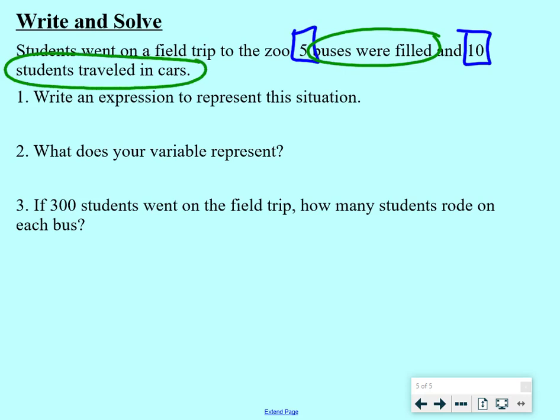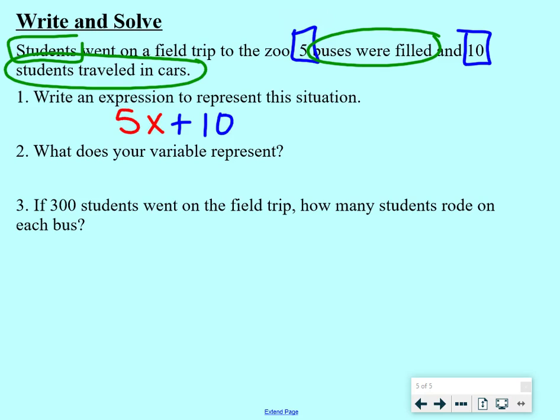We know we're talking about students, so our expression should revolve around the number of students that are there. So we know that 10 students traveled in cars, so that's going to be our one-time thing, that just plus 10. We know we have 10 students that aren't on the buses, they're in cars. And then we know there were 5 buses that were filled, but we don't know how many students were on each bus. So that's going to end up being that 5x piece, that 5 times your variable.